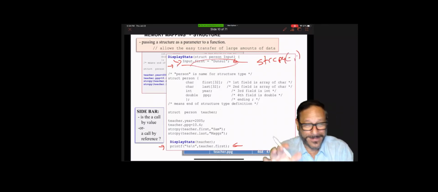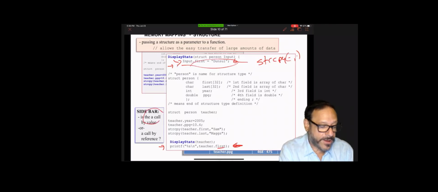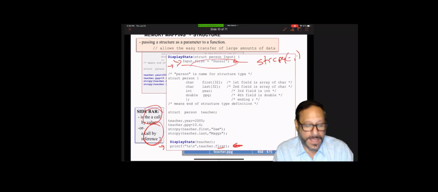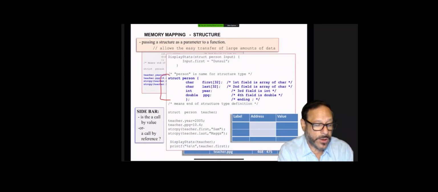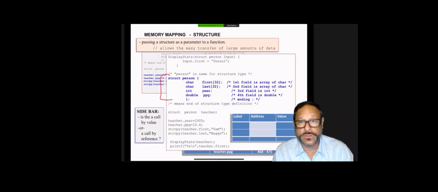All right, looking at this, assuming I had done that right, I get down to here. What's going to print out? Was this call by value or call by reference? Is this going to print out the first name of Sam, or will it print out the first name of Dunzel? Let's see what happens. I create the blueprint for the structure.